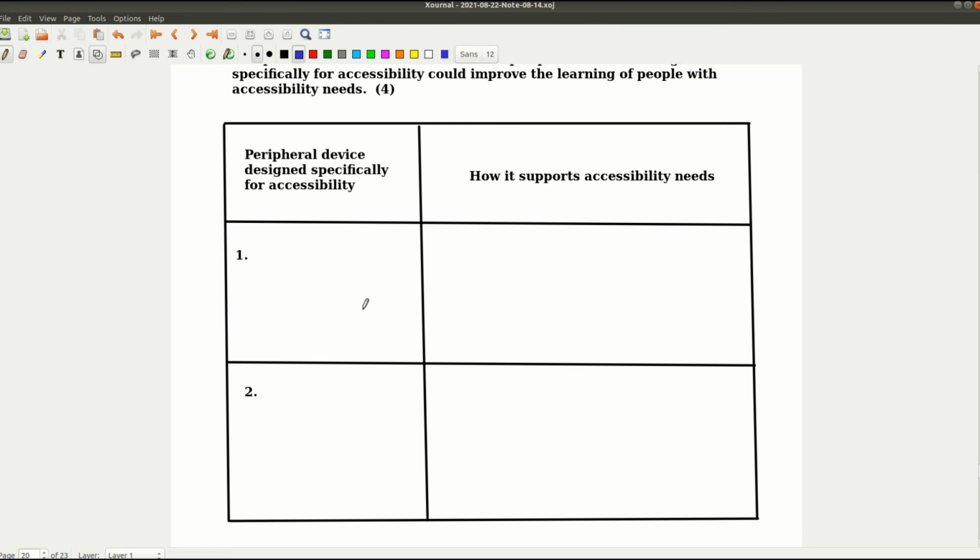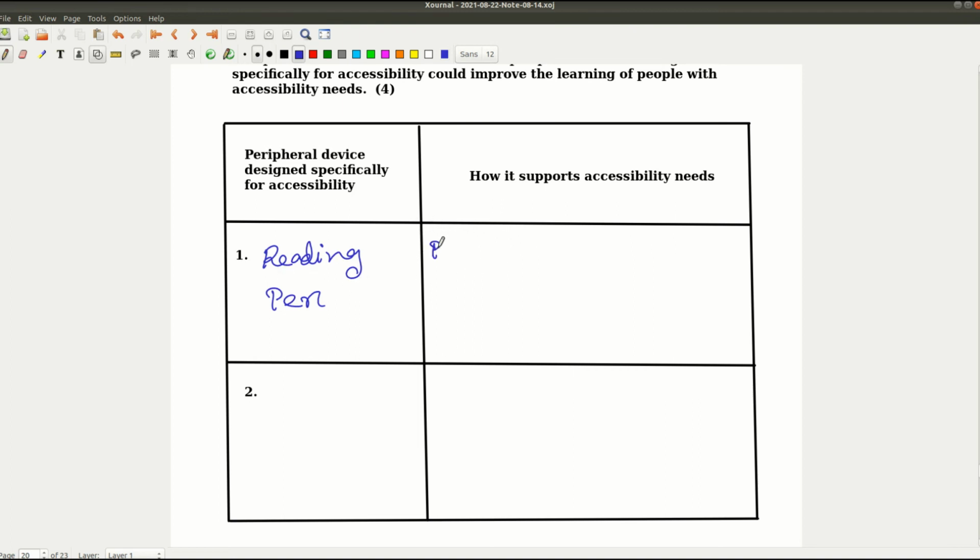So how can you use this type of new technology to solve that type of problem? Okay. So first we can use a reading pen, because some blind people can't read. So we can use a reading pen. For whom are we using a reading pen?